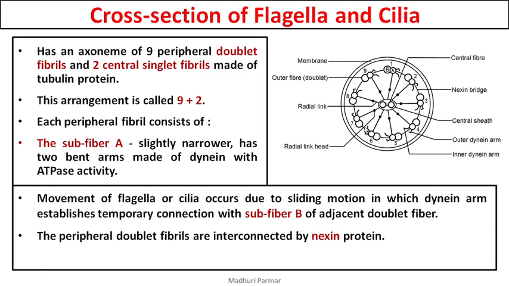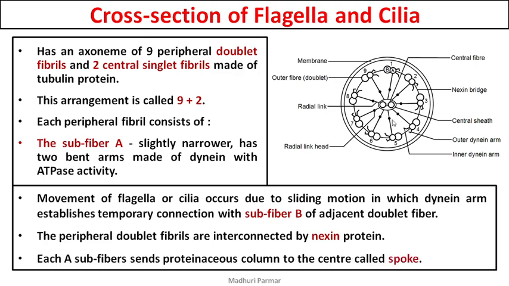The peripheral doublet fibers are interconnected by nexin protein. So this A and B, these subfibers, make up this peripheral doublet fiber. These fibrils are attached to each other by nexin protein, okay, that protein is called nexin. Each A subfiber sends a proteinaceous column to the center, called a spoke.